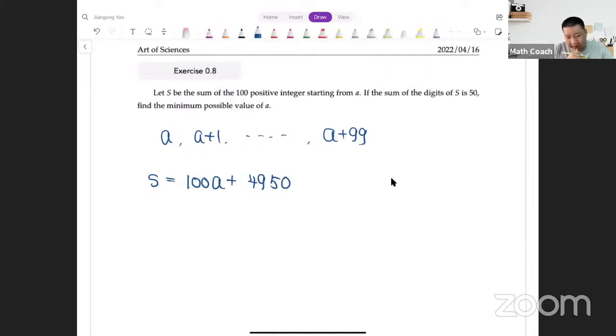Okay, so now we want the numbers to be as small as possible. So how does the S look like? From what we can see, it is 100A. How do you do 100A? You always put 2 zeros after that, right?